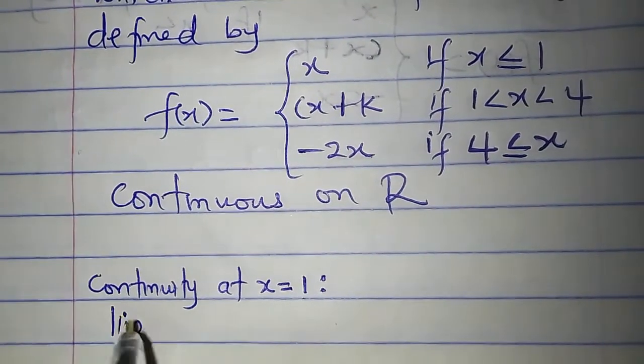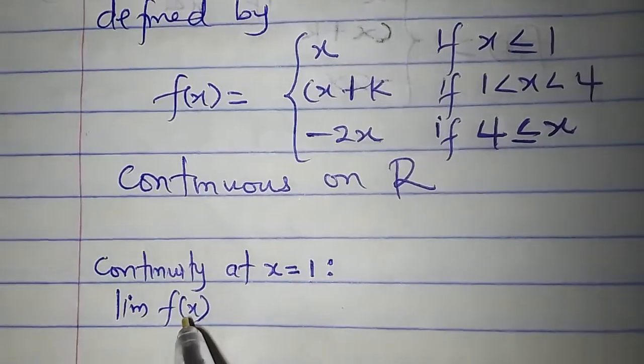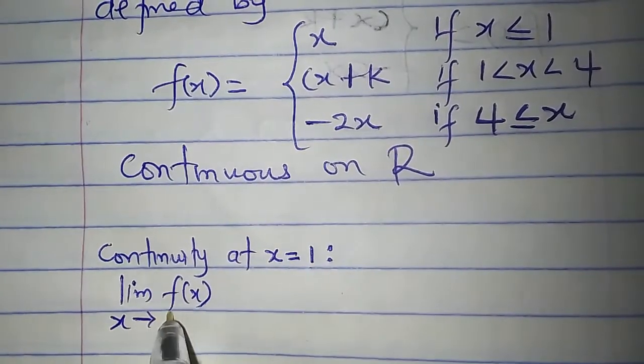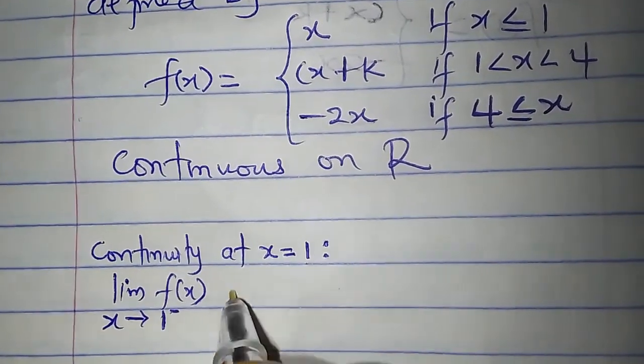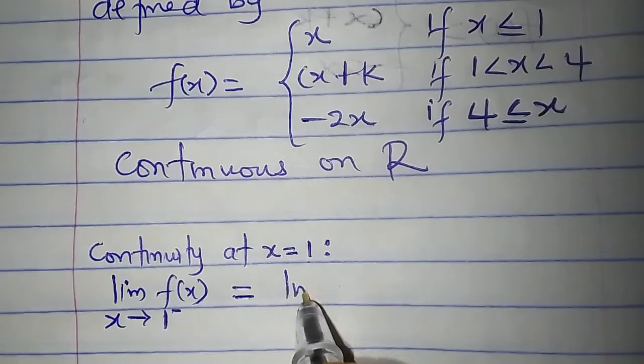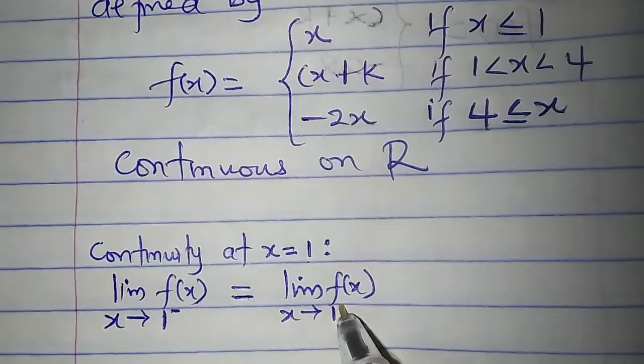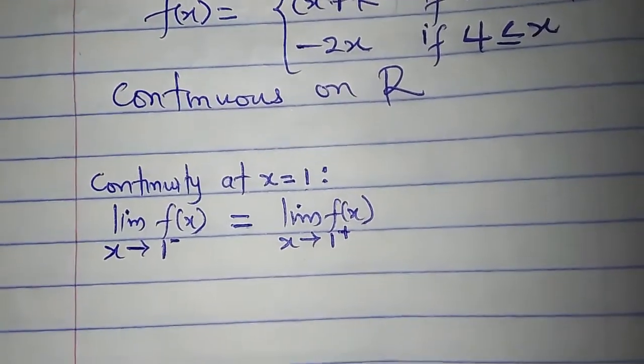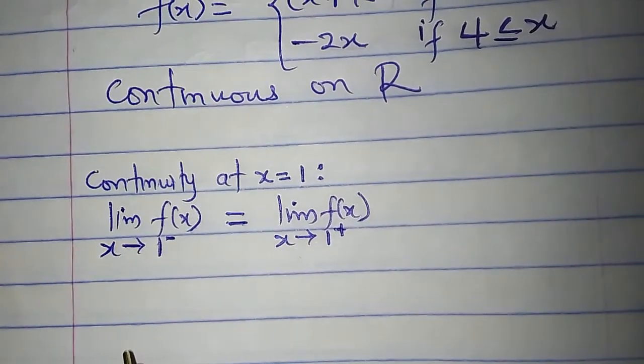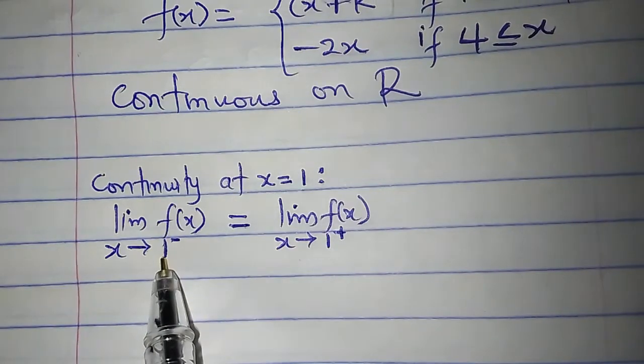The limit of the function f of x as x approaches 1 from the left must be equal to the limit of the function as x approaches 1 from the right. Now, what is the limit of the function as x approaches 1 from the left?